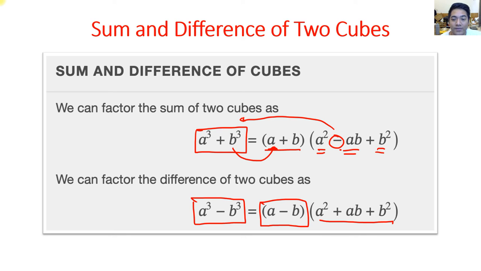So if we see an expression where we can easily get the cube root of a and b, then most probably it is either a sum or a difference of two cubes.